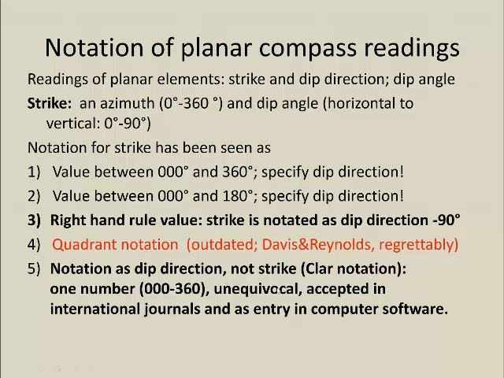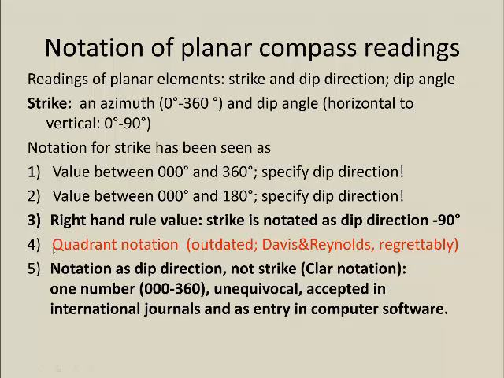This is my preferred notation method, the so-called Clar notation, dip direction, not strike, because you are not getting confused with the two possibilities of a dip direction related to a specific strike direction.